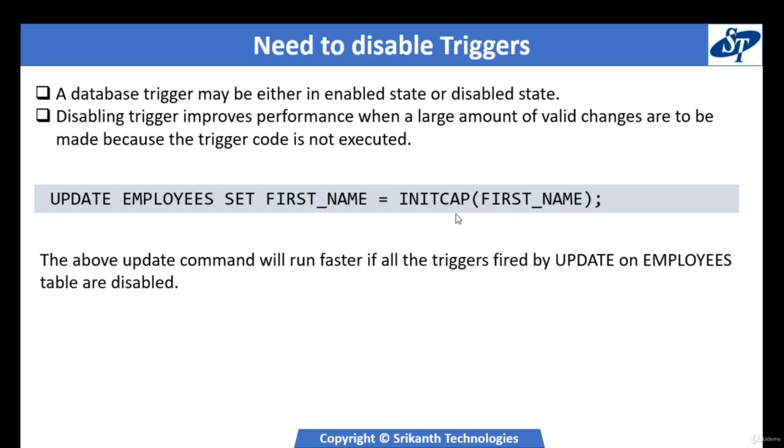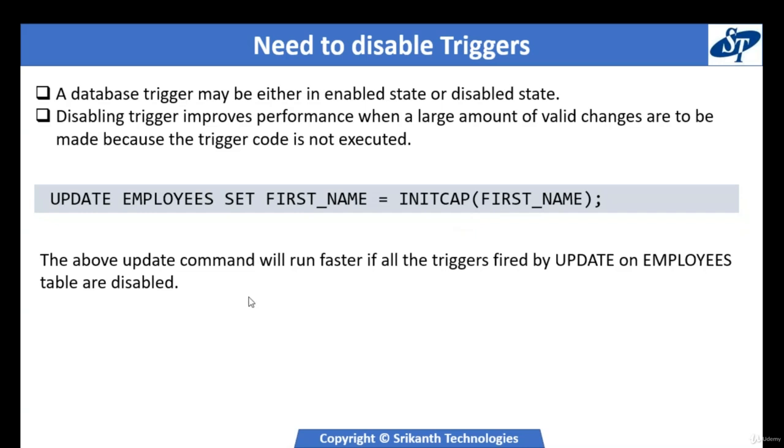That means every first letter of the word is in uppercase, remaining in lowercase. This is not an operation that could inject any invalid data. So before I do this, I want to disable the triggers related to employees table updation.